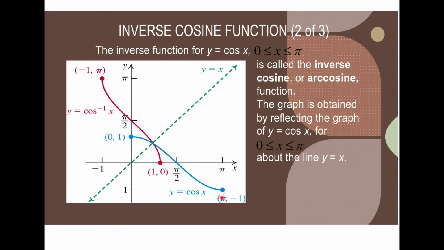We've got pi, negative 1 here and negative 1, pi here. So we take care of all the positive and the negative values associated with x and y. And we call this the inverse cosine or arccosine function. And the graph is obtained by reflecting the graph for this restricted domain 0 to pi about the line y equal to x.